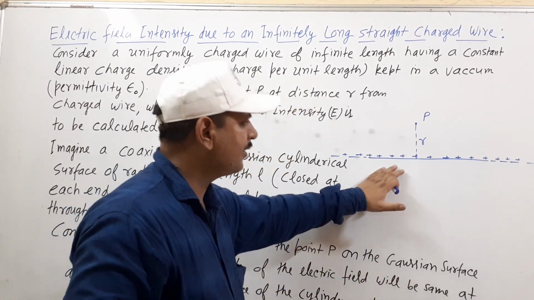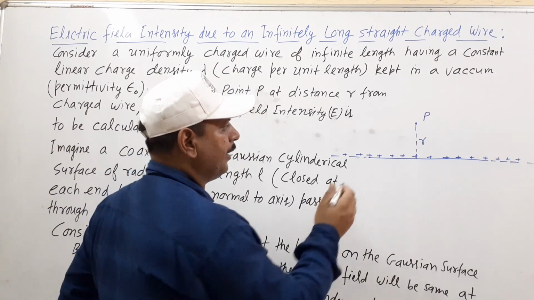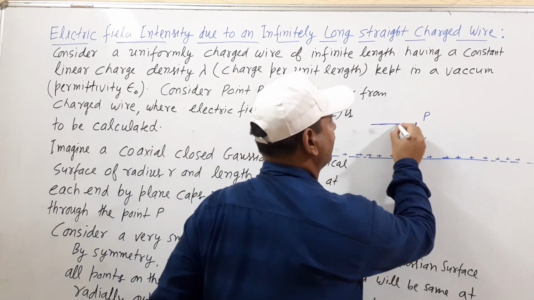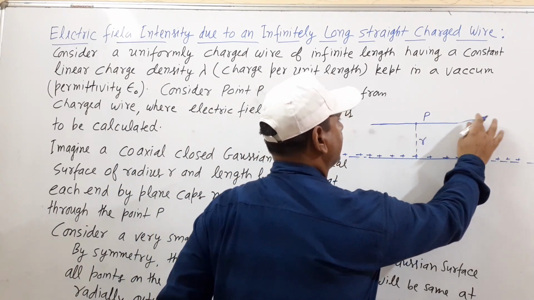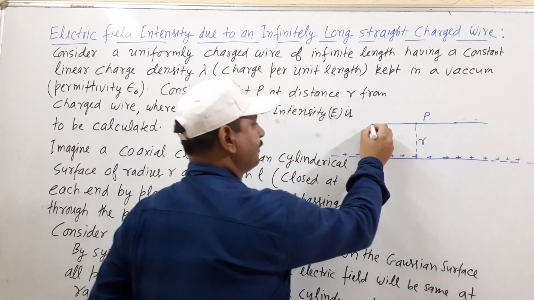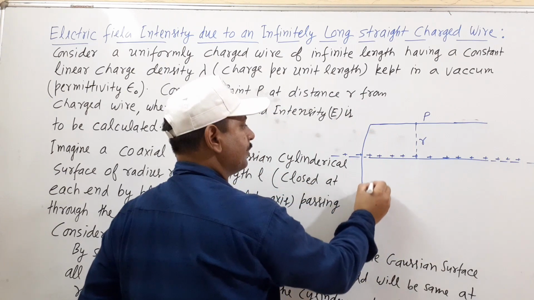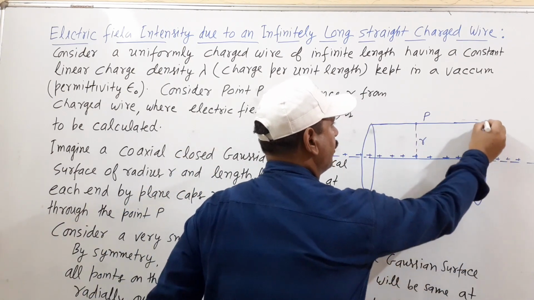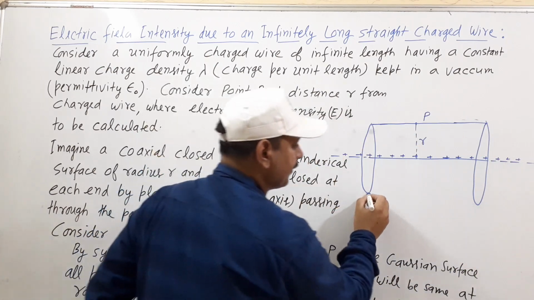So for this, what we have done, I have considered a cylinder, a coaxial cylinder. This is the coaxial cylinder whose radius is r.